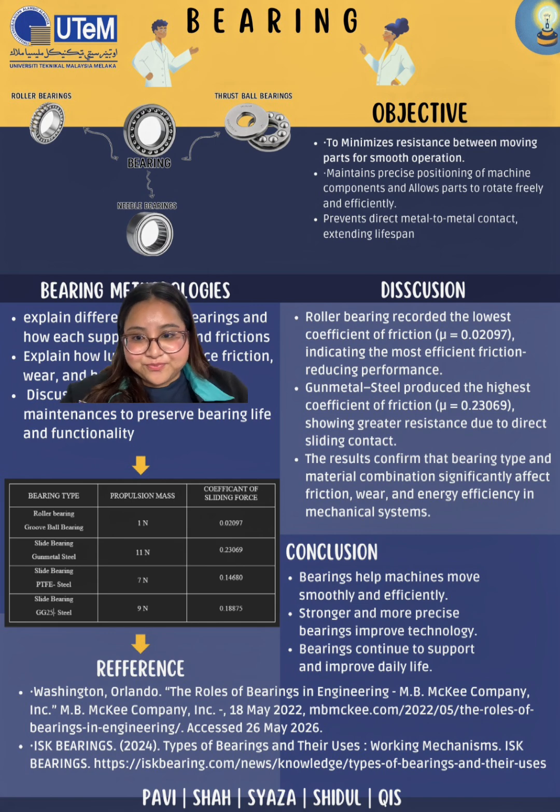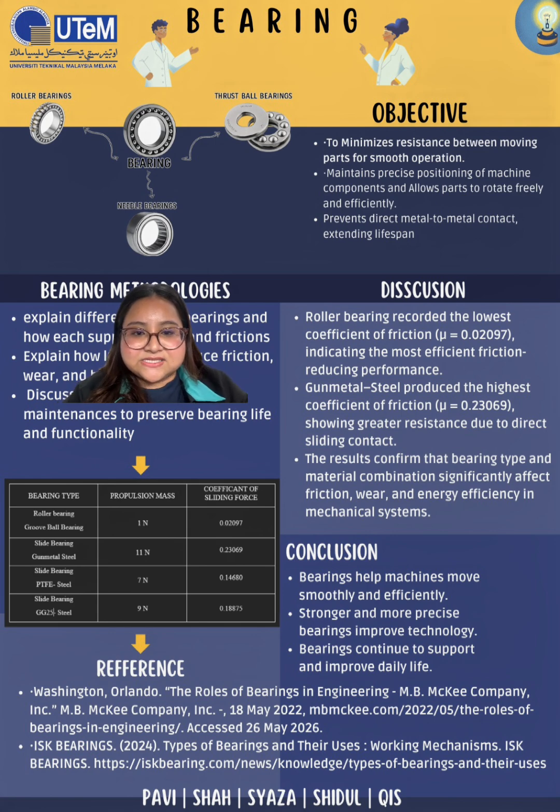As you can see from the poster, there are several types of bearings. First is the ball bearing. They use small balls and are suitable for light to medium loads. Second is the roller bearing. They use rollers and can handle heavier loads.